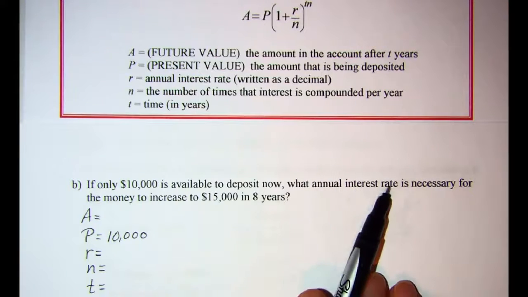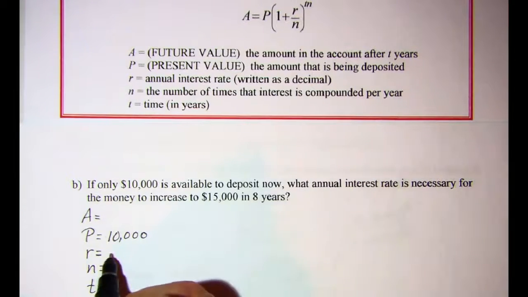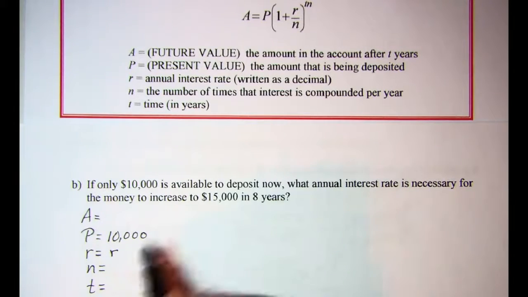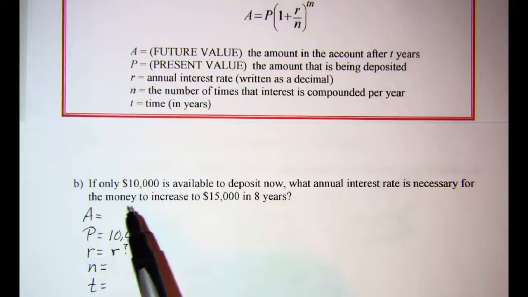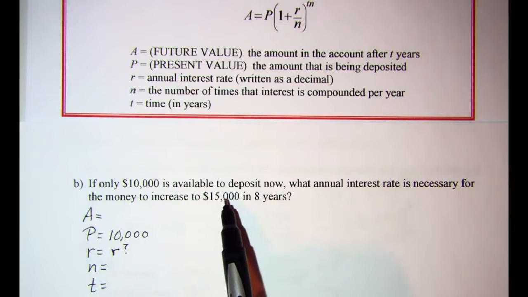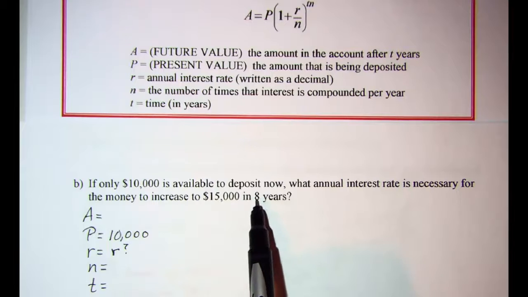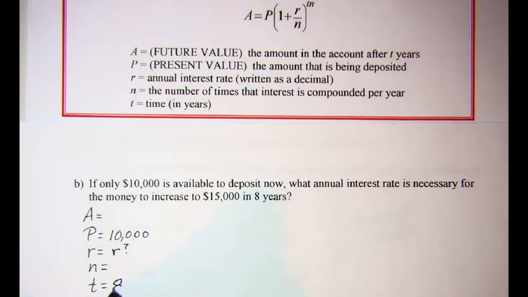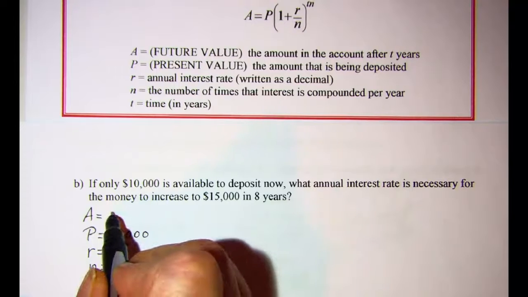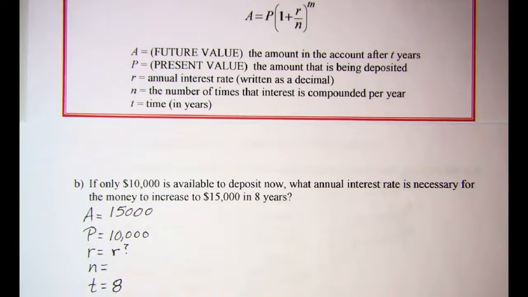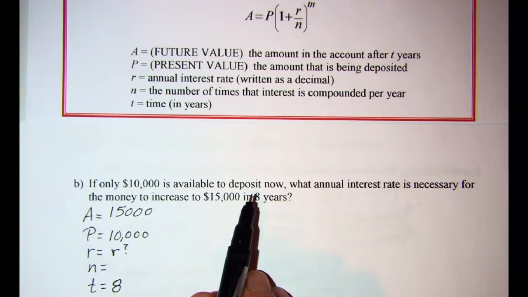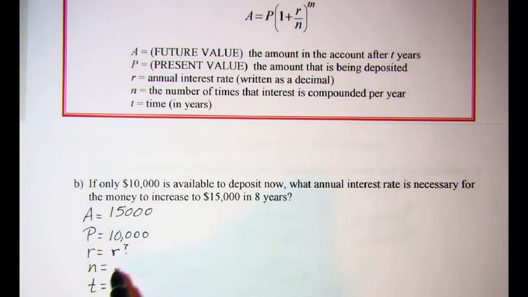What annual interest rate? So I need R. I don't know what that is, so that's my question mark, basically. What annual interest rate is necessary for the money to increase to $15,000? So at the end of 8 years, I need to be able to draw out 15,000. And remember that from our original problem, the n was 1 because it was compounded annually.